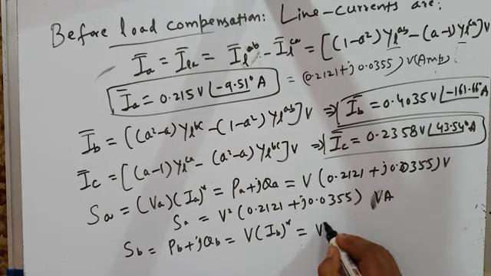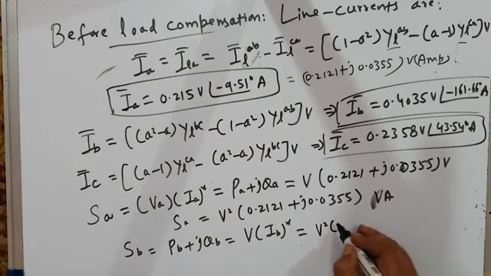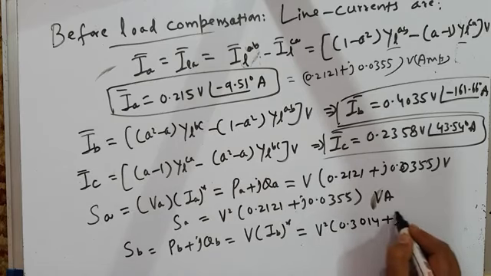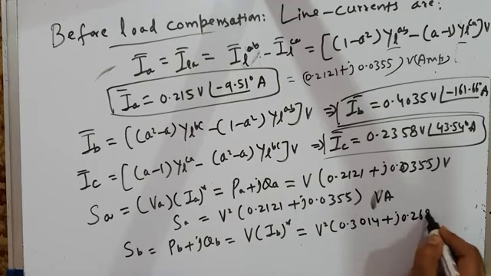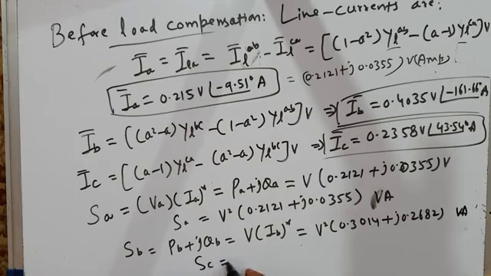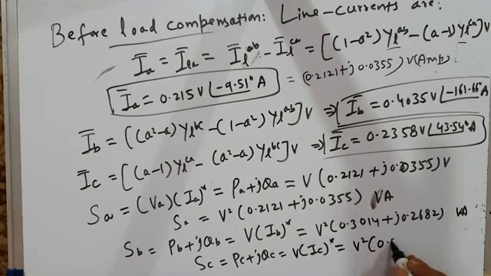It will be V square times 0.3014 plus j0.2682 volt ampere. Similarly, apparent power of phase C is equal to PC plus jQC, which is equal to V into IC complex conjugate. That is equal to V square into 0.0552 plus j0.2293 volt ampere.